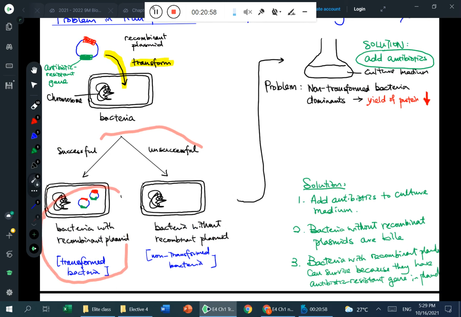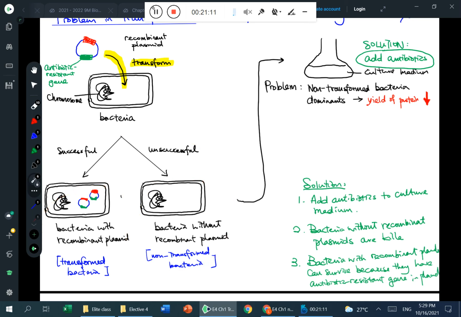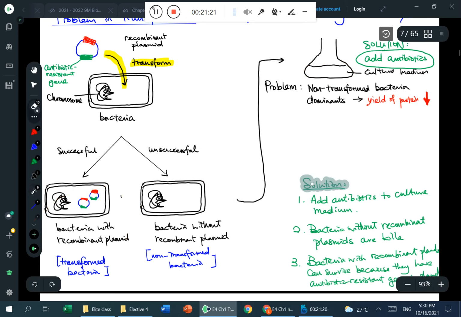Because once you add them into the culture medium, these non-transformed bacteria would be killed. So all the bacteria that you have after 1 or 2 nights of growing would be all transformed bacteria. Amazing, isn't it? We call this concept selection.